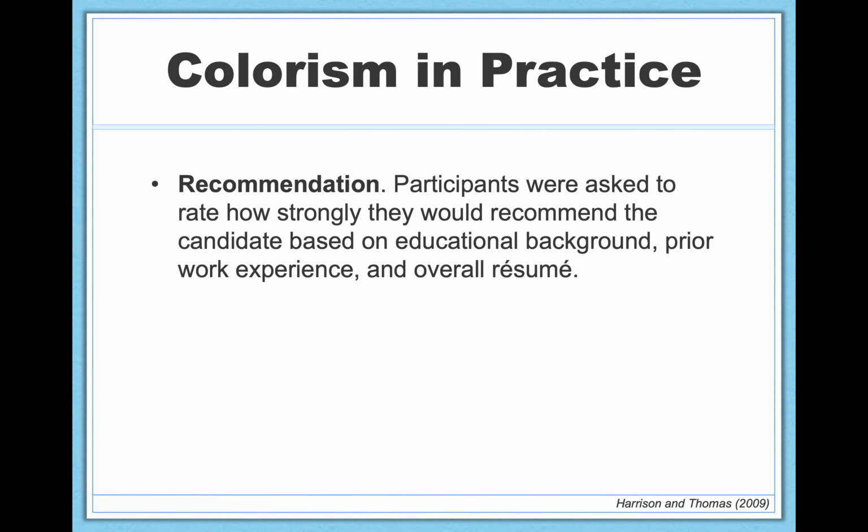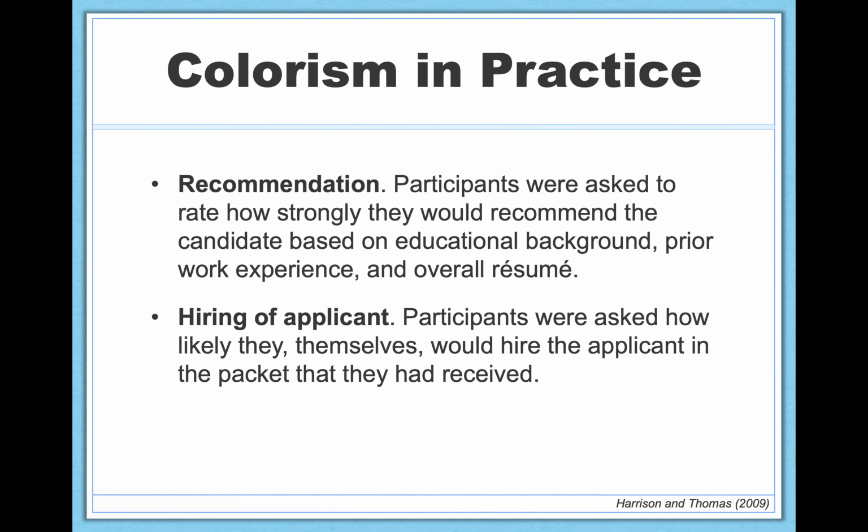There were a variety of items that participants responded to that related to this recommendation and the next item as well. One sample item is, based on this applicant's educational background, how likely would you recommend this applicant for the position in question? So pretty straightforward. Next, we have the hiring of applicant key item, where participants were asked how likely they themselves would hire the applicant if they had reviewed this packet and they were in a position to hire someone.